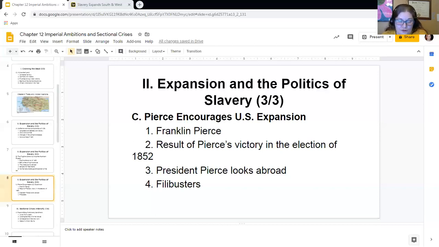But Northerners, when they hear that Cuba might come into the United States, immediately believe that Cuba will come in as a slave state, and they are fearful that this will tip that very, very fragile balance of power between free states and slaveholding states in the United States. And so they immediately object to this. So Pierce is not able to realize his goals regarding expansion.